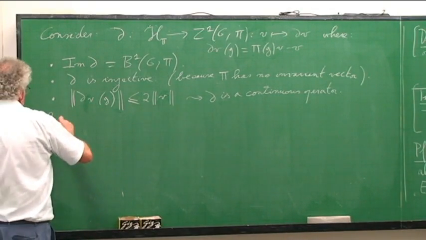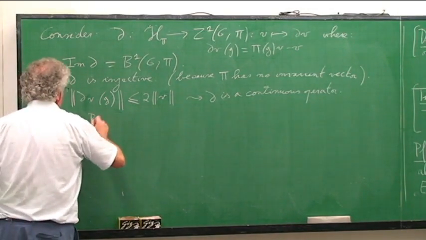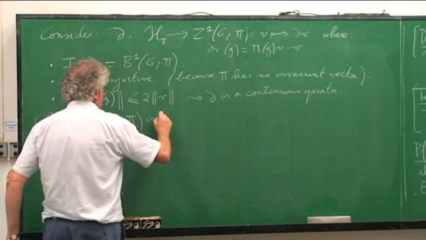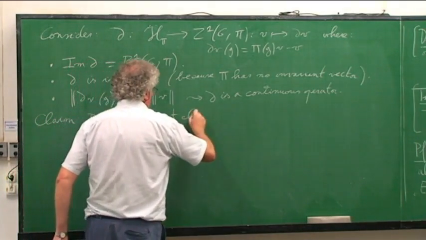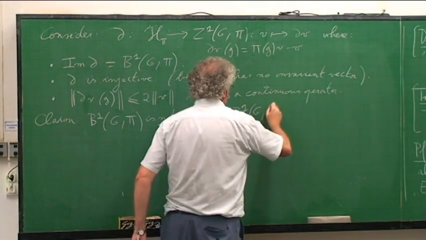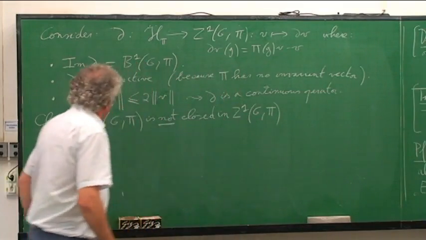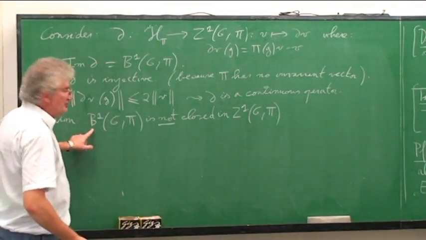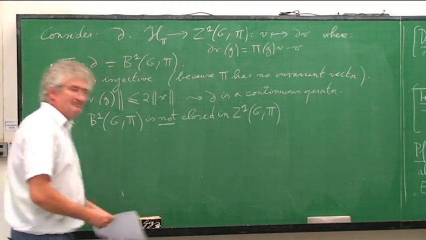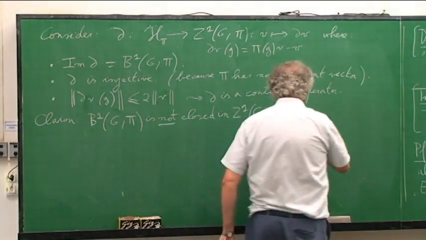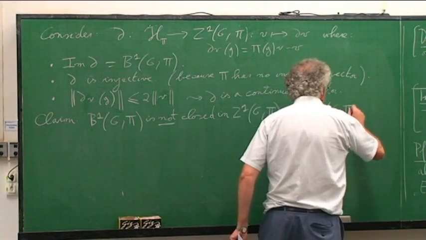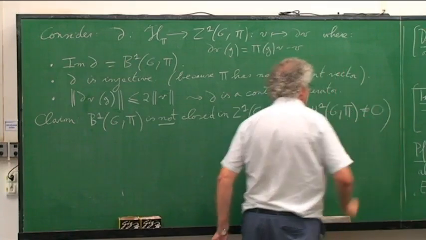Now the claim is that B^1(G, π) is not closed in Z^1(G, π). And whenever you find a non-closed subspace in a topological vector space, the quotient cannot be zero. So this implies that H^1(G, π) is non-zero.